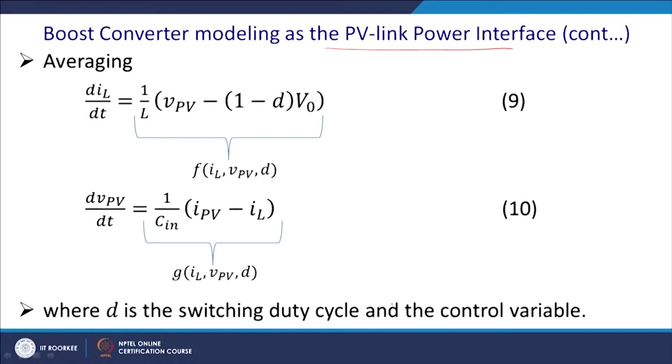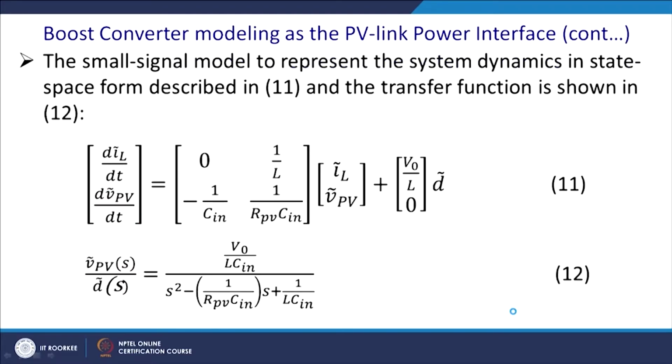Similarly, the ripple of the voltage on the input side of the converter, that is CIN dVPV/dt, is IPV minus IL. Here D is the switching duty cycle, the control variable, and thus you can write the state space equations. So, this is the converter modeling of the PV link. The small signal model represents the system dynamics in state space description in equation 11, and you can convert it to transfer functions.